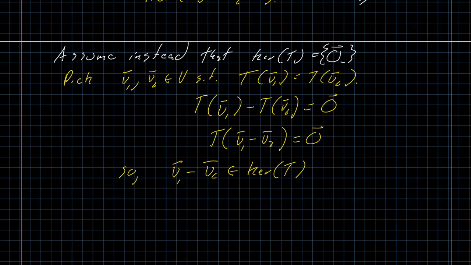But since the kernel of t only has the 0 vector in it, that means that v1 minus v2 itself has to be the 0 vector. And again, paying attention, this is the 0 vector in V, not the 0 vector in W that we were using before.